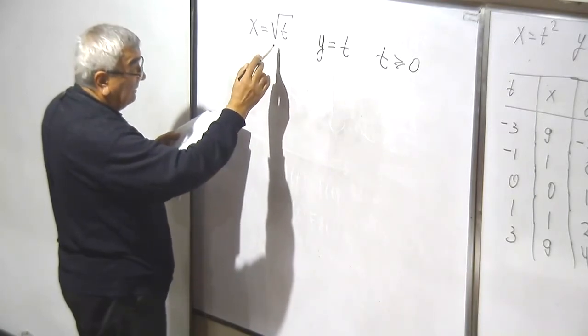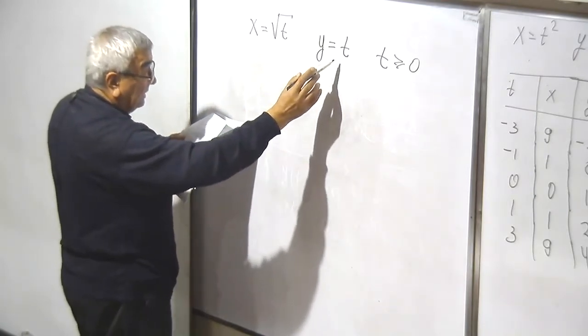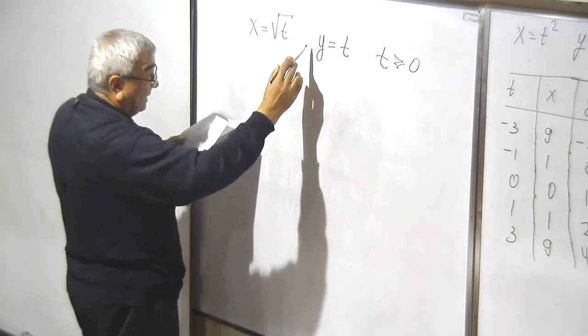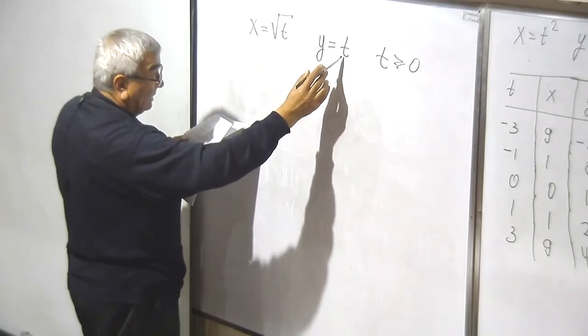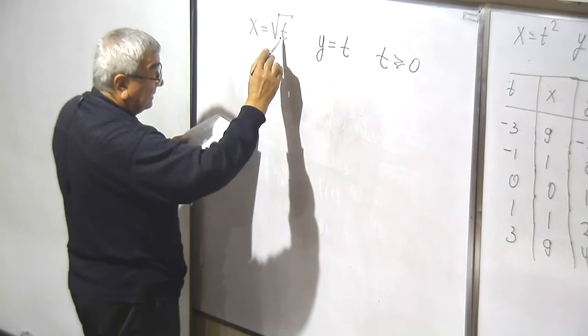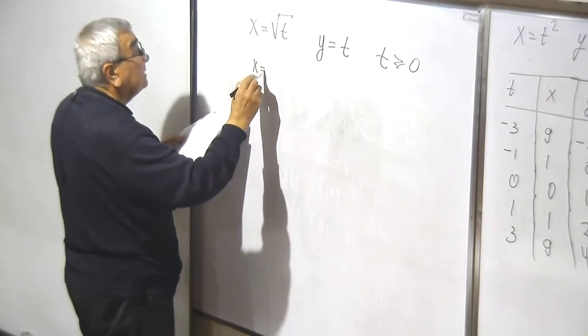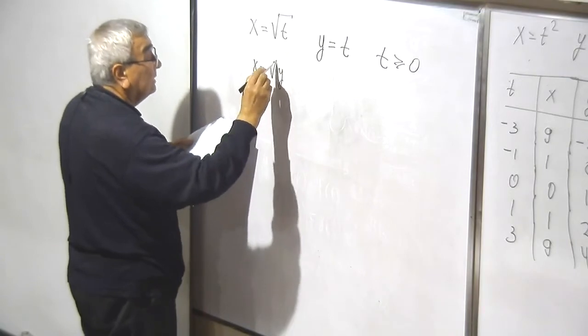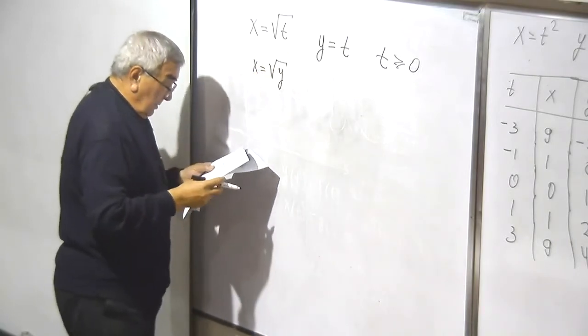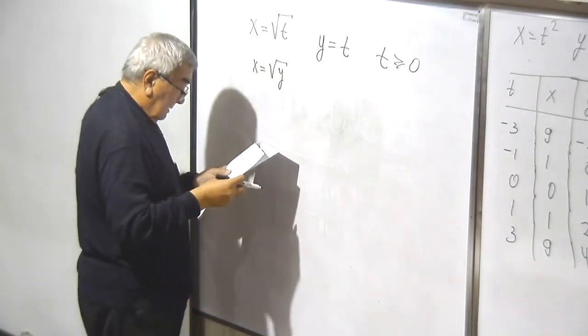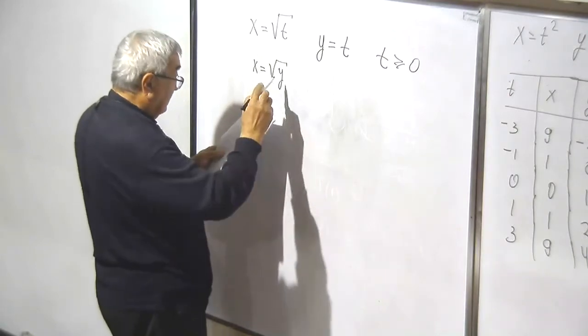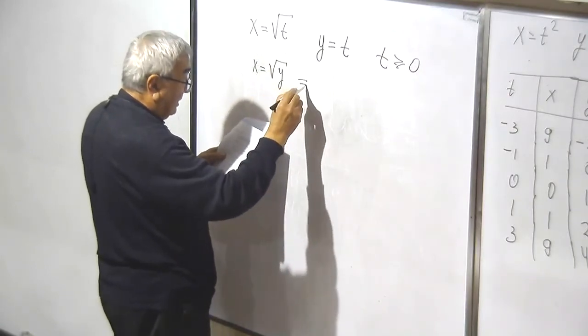Now I take this again. Because t equals y, it is possible to substitute y here. That means x will be the square root of y. Now I will take the square from here.